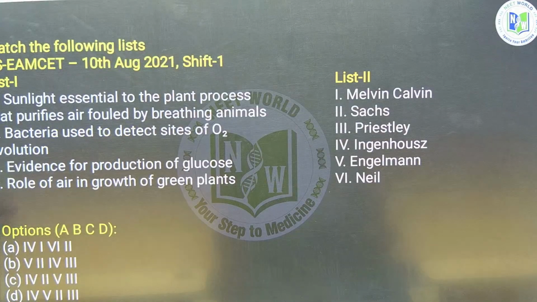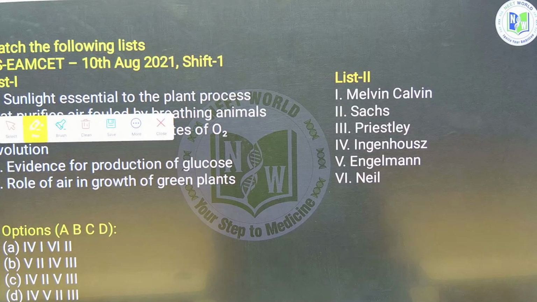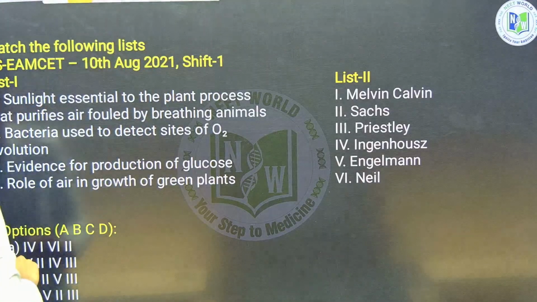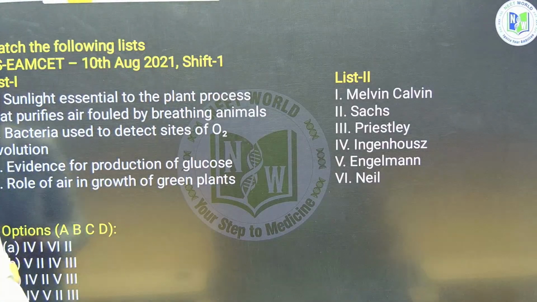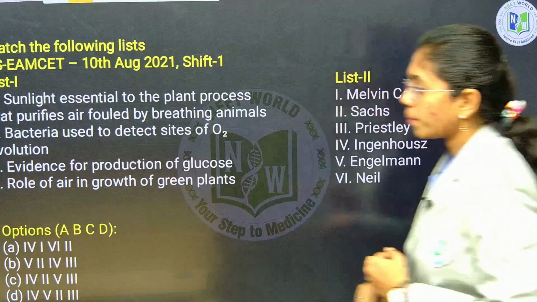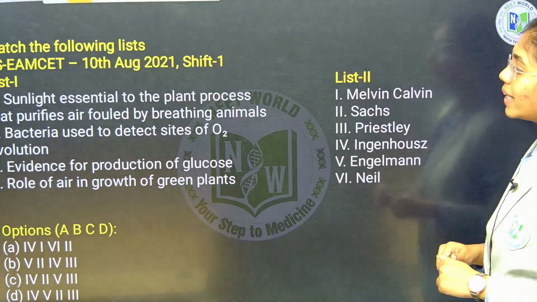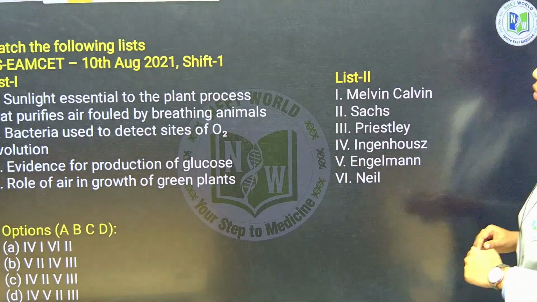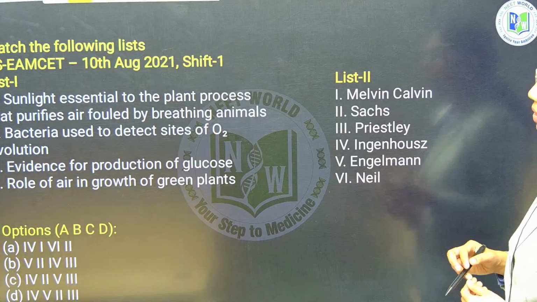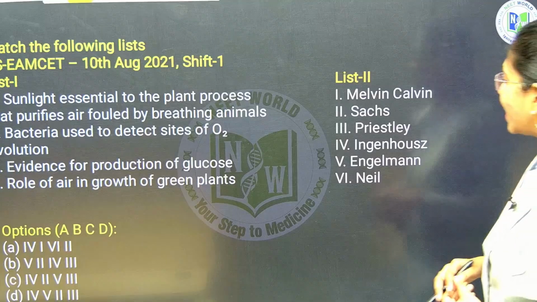Match the following type of question on discoveries. Sunlight is essential to the plant process that purifies air fouled by breathing animals.